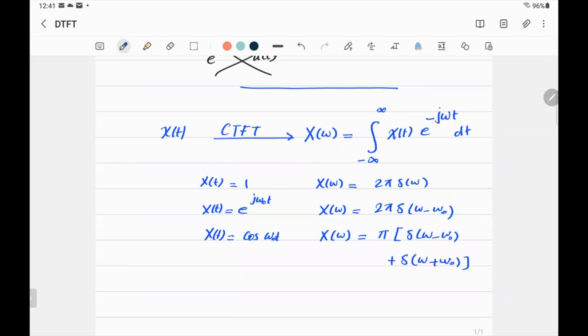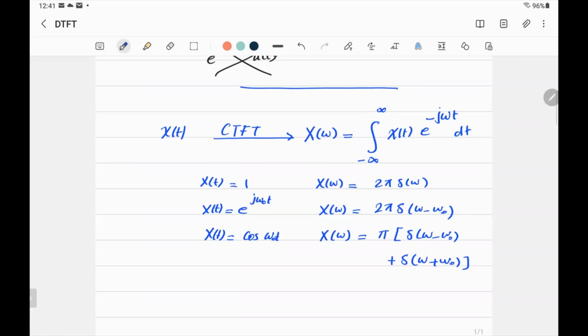So I picked just 3 different examples: one constant value, one exponential function with imaginary exponent, and then cosine. You can look at the table, adapt your problem, and solve.